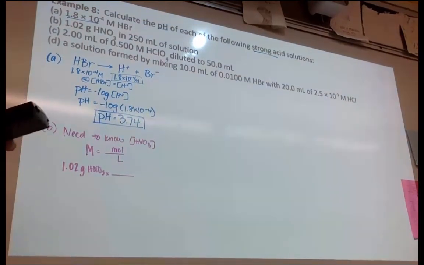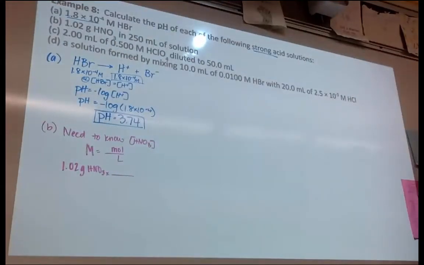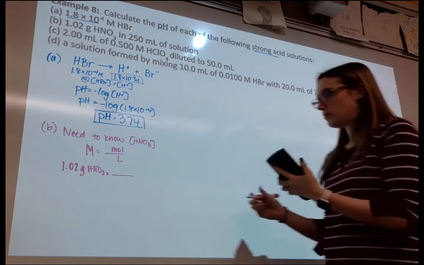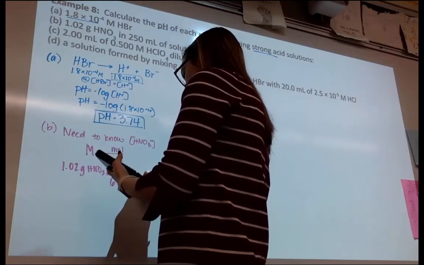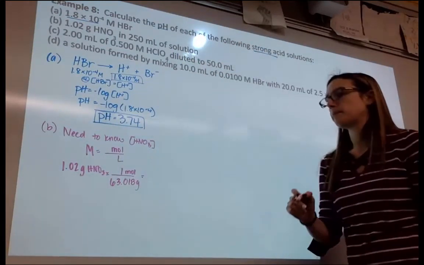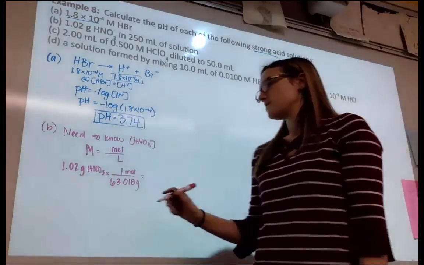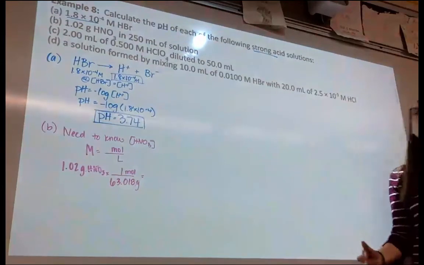The 1.008 plus 14.01 plus 48, 63.018 is the molar mass, grams per every 1 mole. Again, I needed to find the molar mass because my goal is to get the concentration.